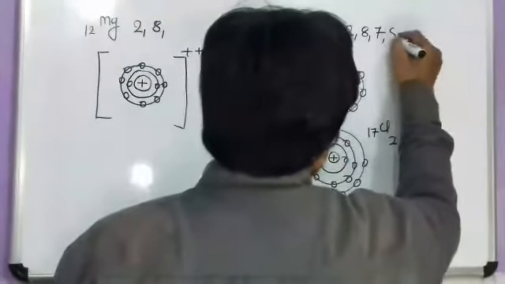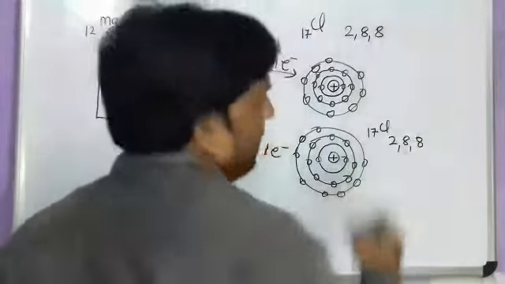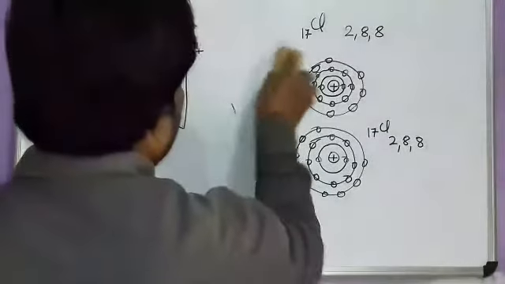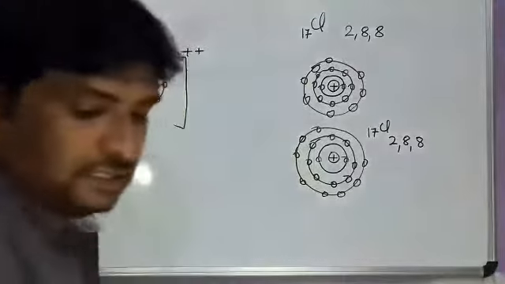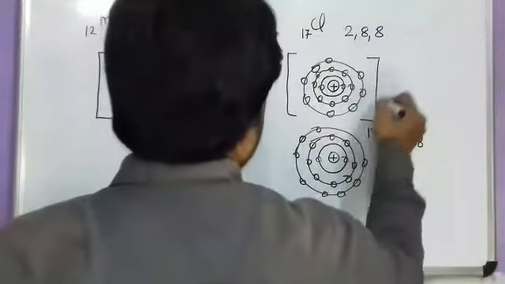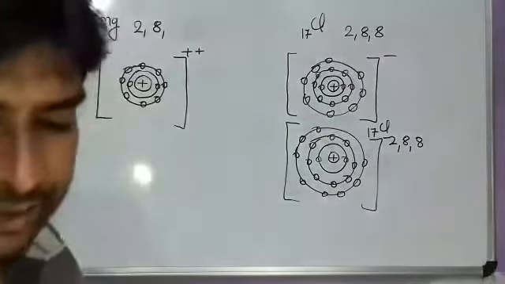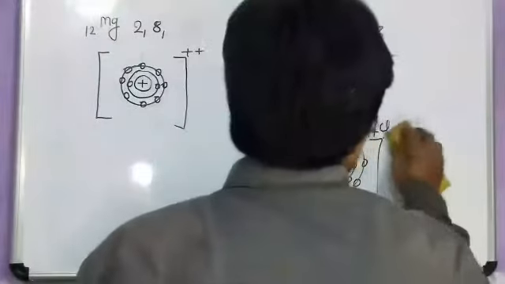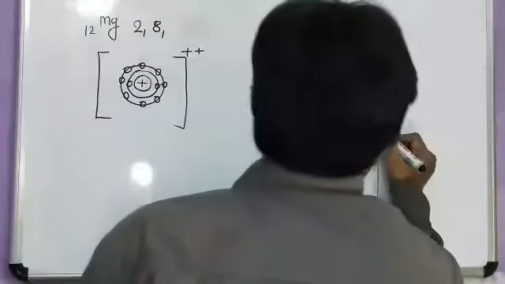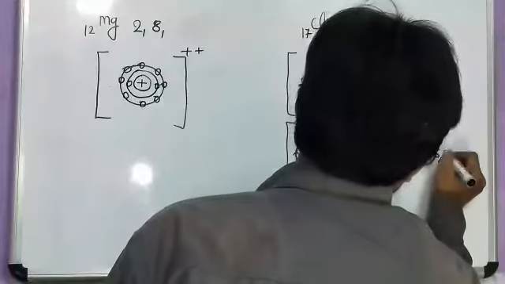Then each chlorine atom gets 1 negative charge. Okay, clear? So the configuration of each is 2, 8, 8.